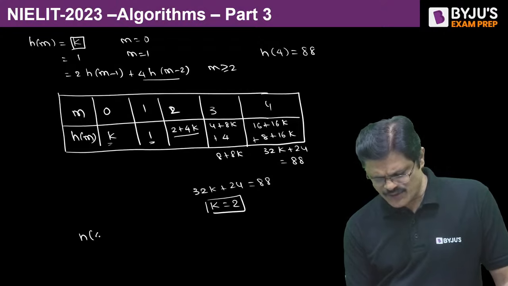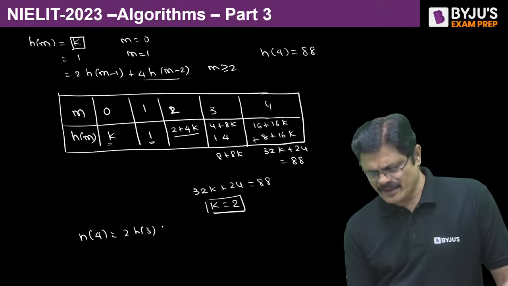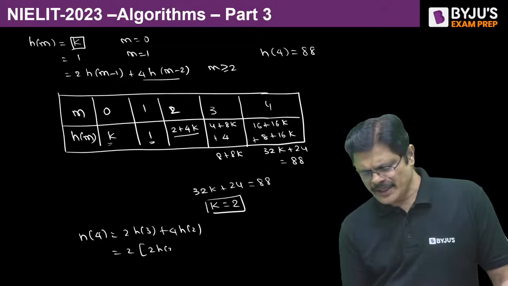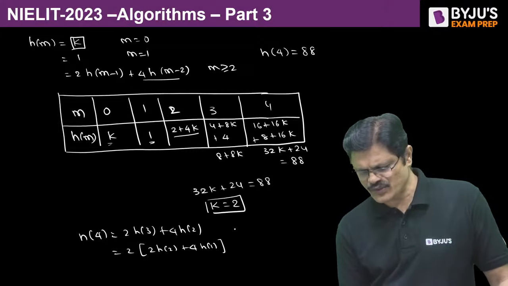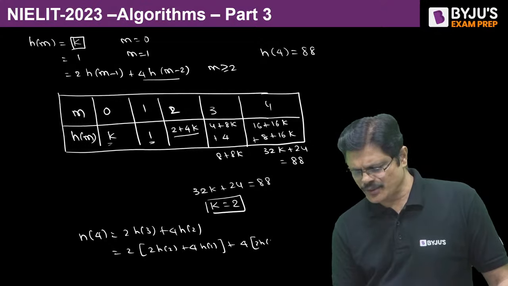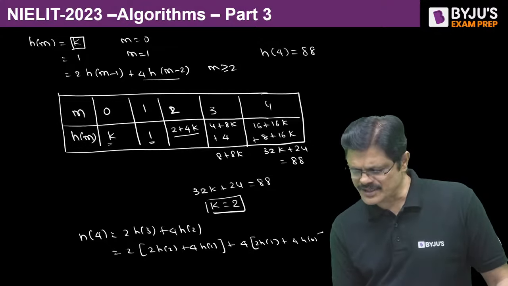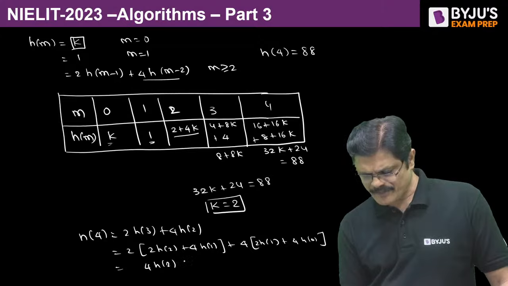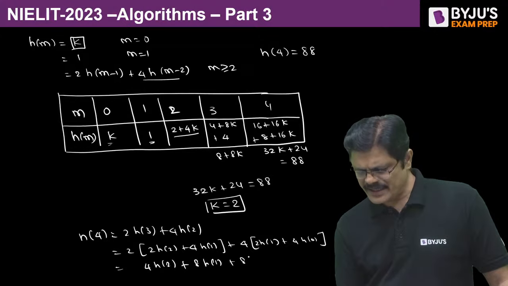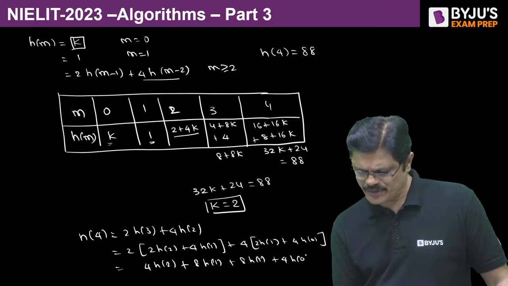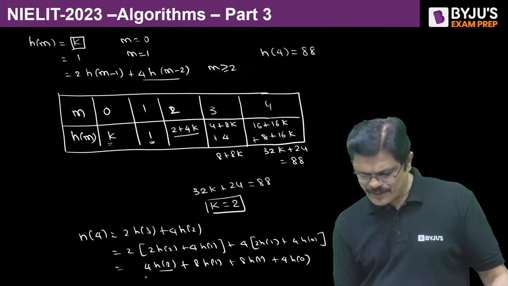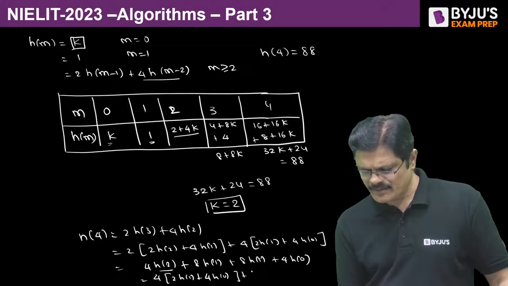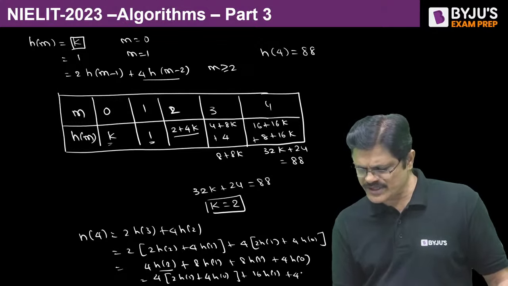Like they might have done H4 is equal to 2H3 plus 4H2, and 2H3 means 2 into H2 plus 4 into H1, 2 into H1 plus 4 into H0, and then you have to substitute H2 again, which is nothing but 2H1 plus 4H0.